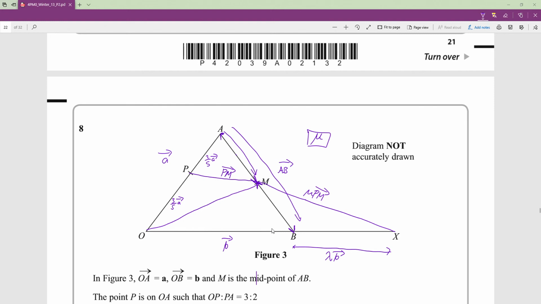I am quite sure that the area of OAM and OMB are equal. This triangle here and this triangle here, from OAM and OMB, these two triangles ought to be equal because AM and MB are the base lengths, and they have the same height because they end up at the same vertex O. So that probably comes into it at some point.